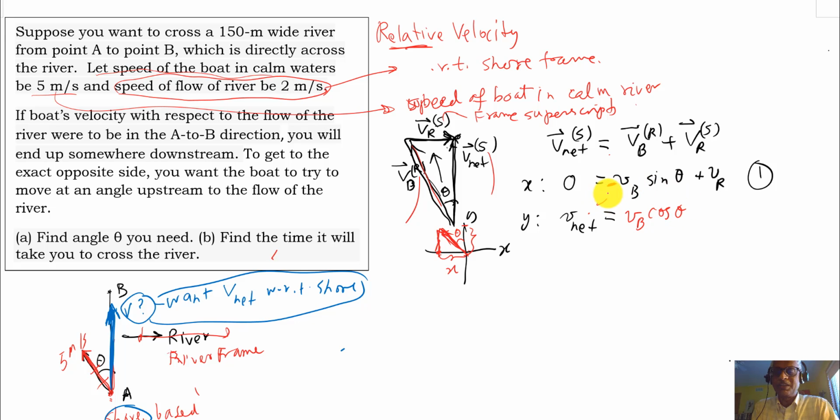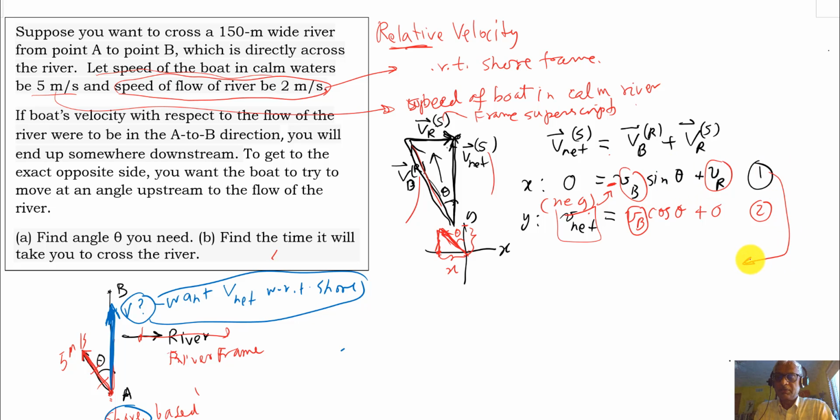I wasn't very careful, this negative sign is important. And V river doesn't have any y, so that's going to be 0. So these are known, and this is unknown.